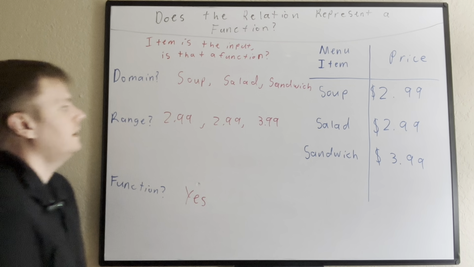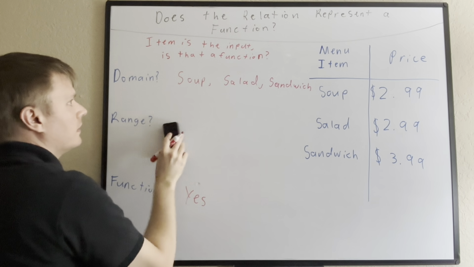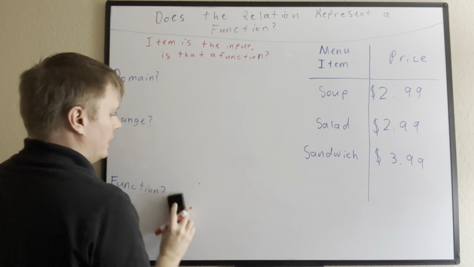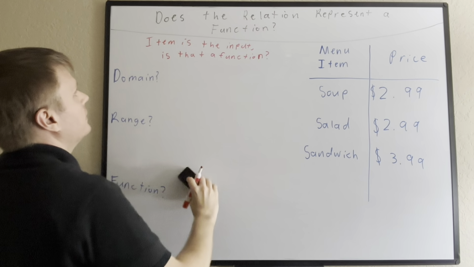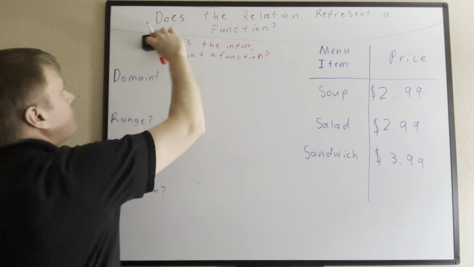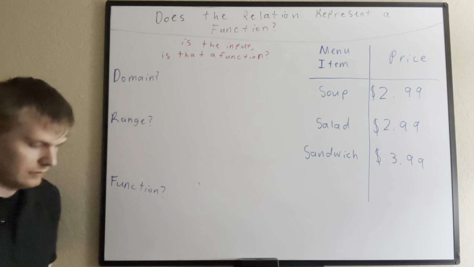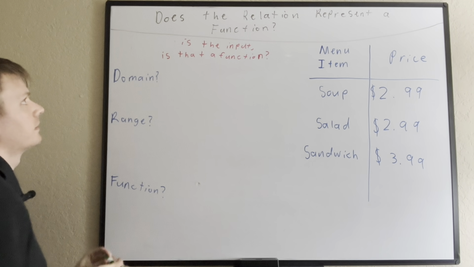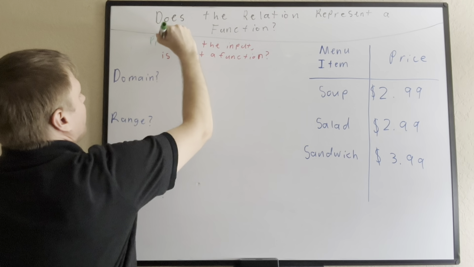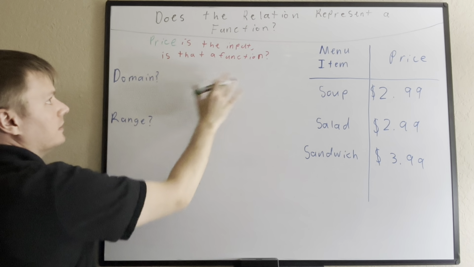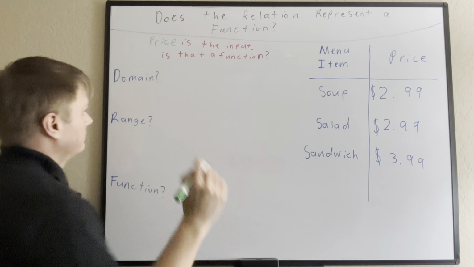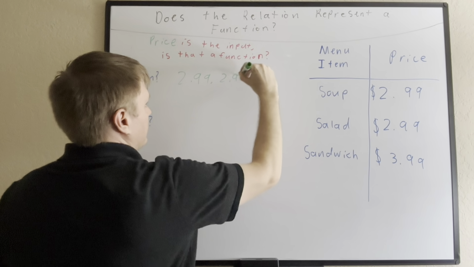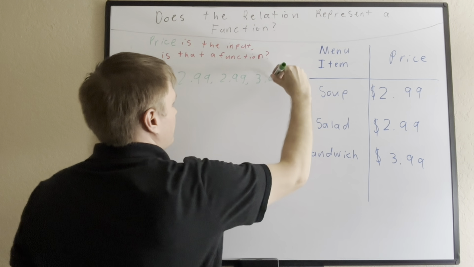But what if the price is the input? Let me just grab a different color marker here. Price is the input. Is that a function? Well, I don't know. Let's see. $2.99, $2.99, $3.99.